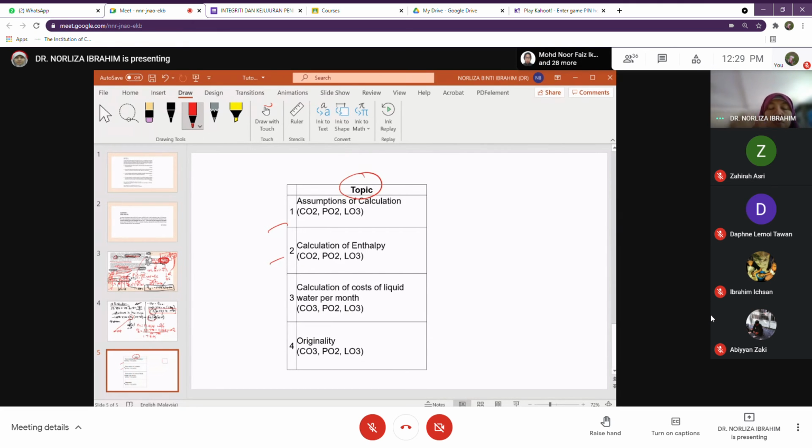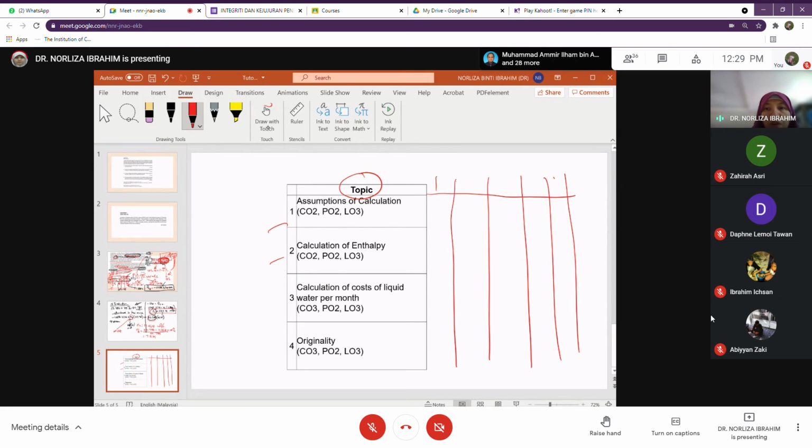Let me shortly discuss this rubric. Normally we have a scale here from 1 to 5. I will only talk about 1, because 1 mark is normally not given here.